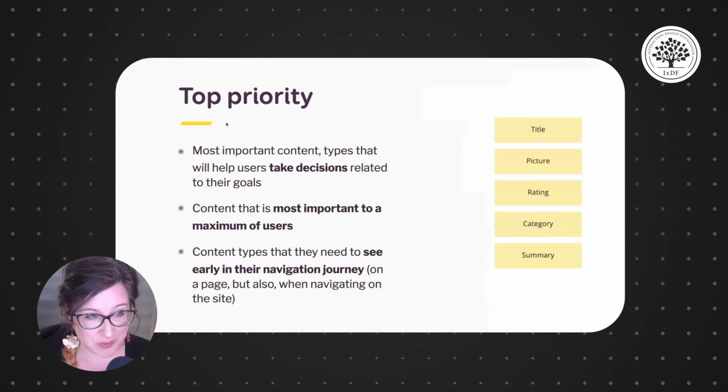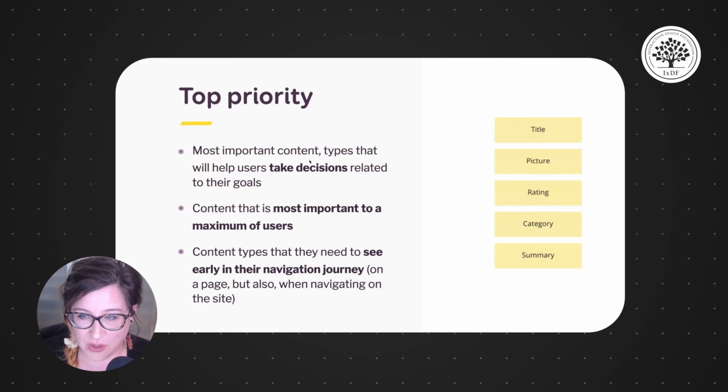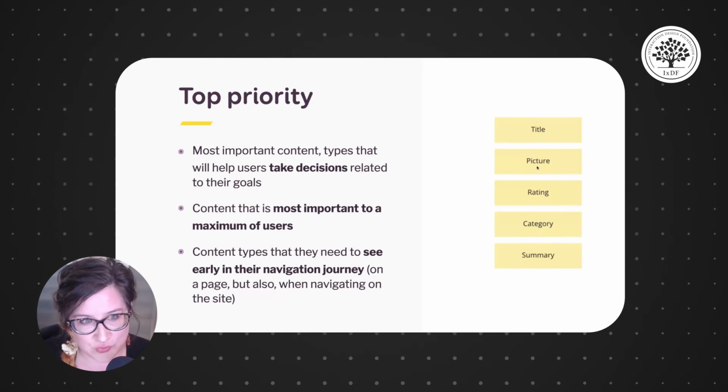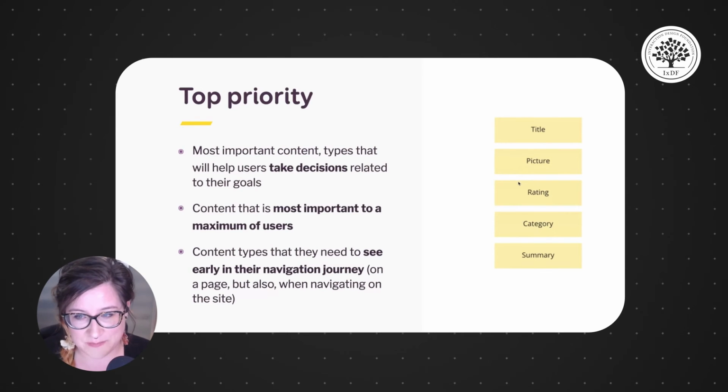So, 3 types of priorities. What I'm doing: most important content at the top. What will help the user take a decision? What will help them decide, do I want to continue my journey? Do I want to invest time in reading the full cooking recipe? Title, super important. I'm not going to read the recipe if I don't know what I'm going to cook. Picture, again, this is about food. You want people to see. Ratings, because of social bias.